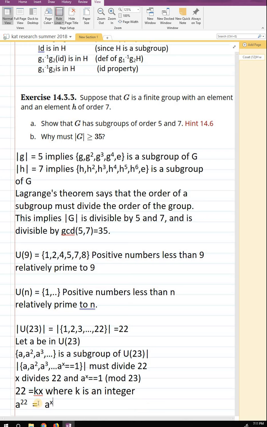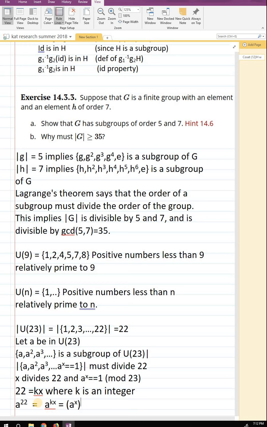Now, what can I do with this? Use your exponent rules. 22 equals kx, so a to the 22 is a to the x, in parentheses, to the power of k. There are your exponent rules.